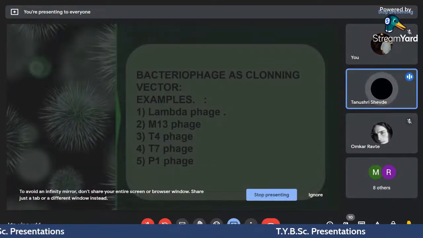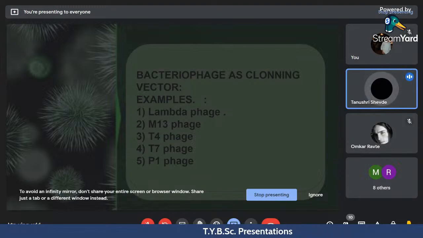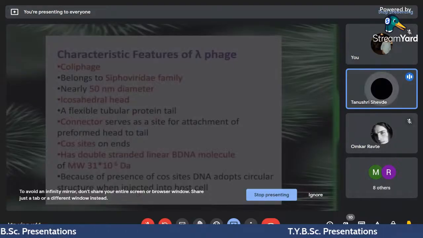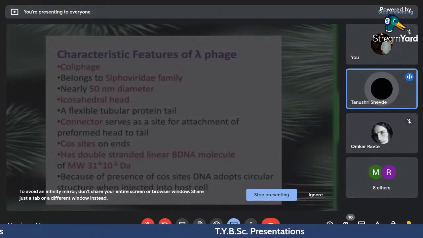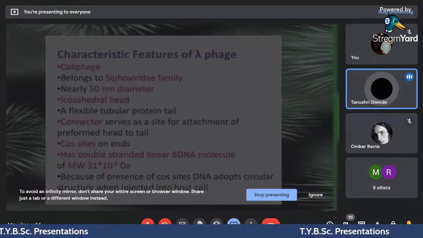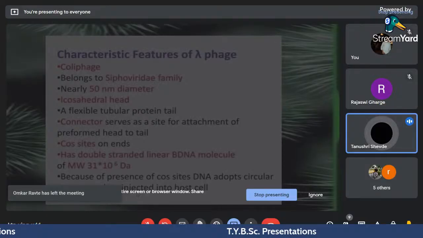So these are the examples: lambda phage, M13 phage, T4 phage, T7, P1 phage. Lambda phage is a coliphage, belonging to the Siphoviridae family, nearly 50 nanometers in diameter, and it has an icosahedral head and a flexible tubular protein tail.